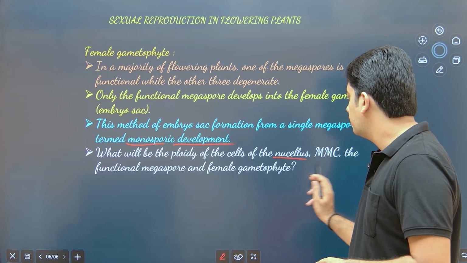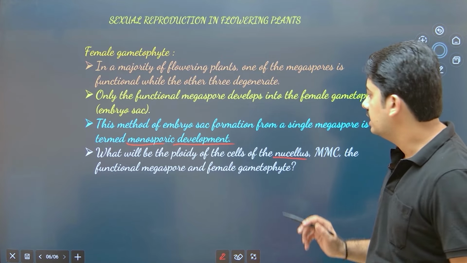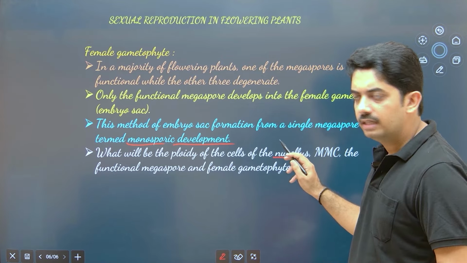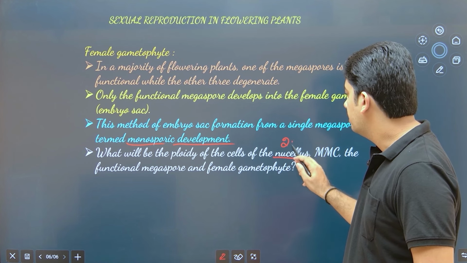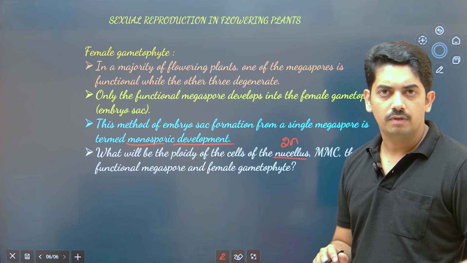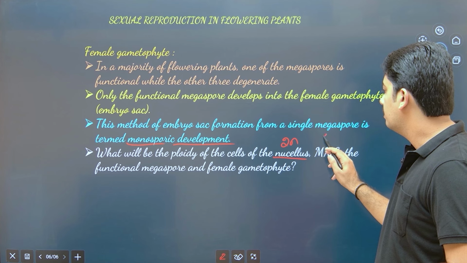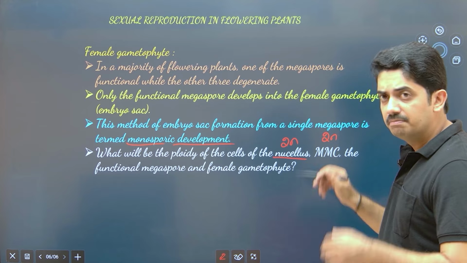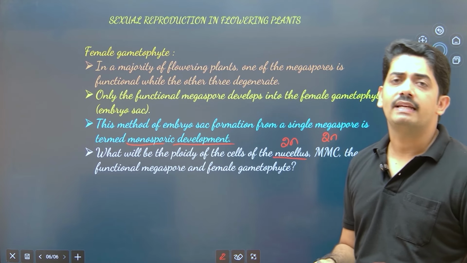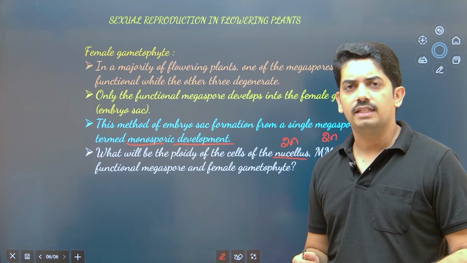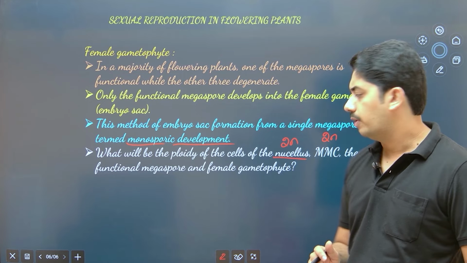What will be the ploidy of the cells of the nucellus? Now tell me, what is the ploidy of the nucellus? Of course, it is a part of the plant body. It is diploid because it has not undergone any type of meiosis. The megaspore mother cell must be diploid, because only when it is diploid does it form haploid cells upon meiosis.